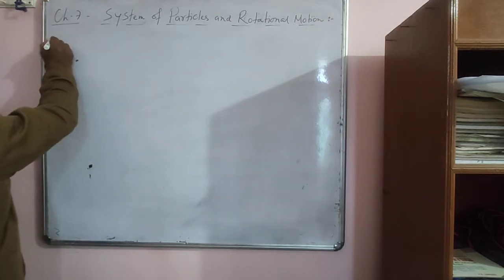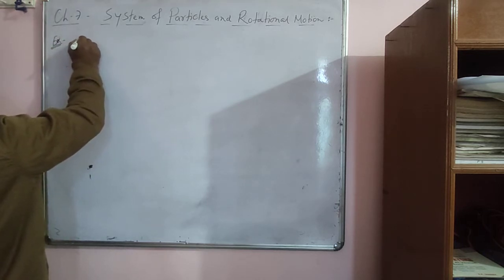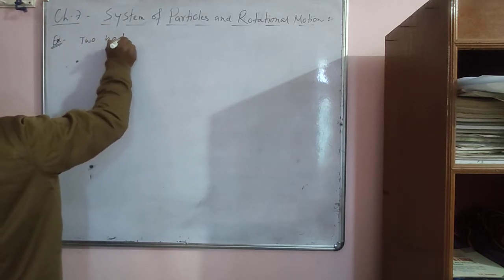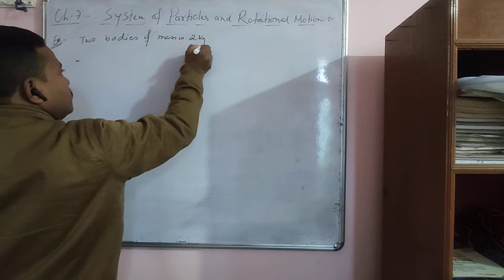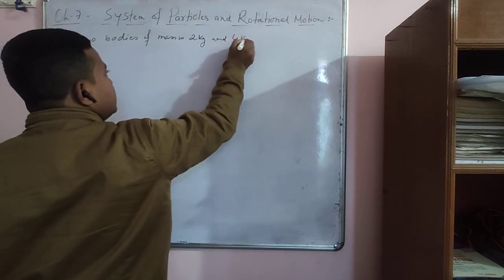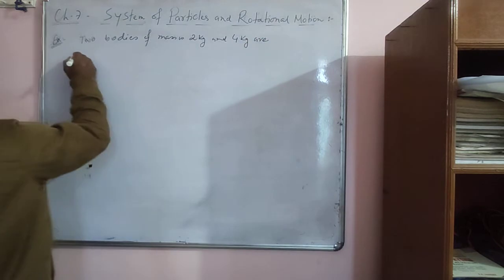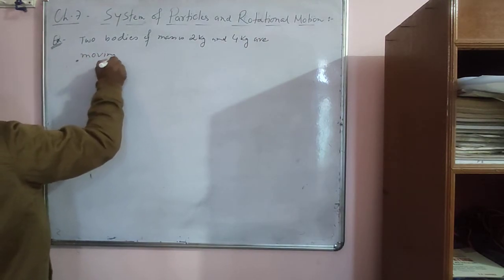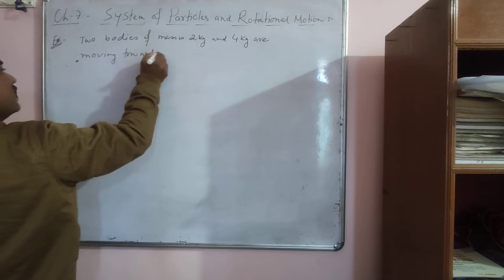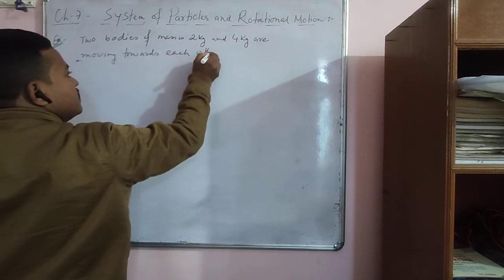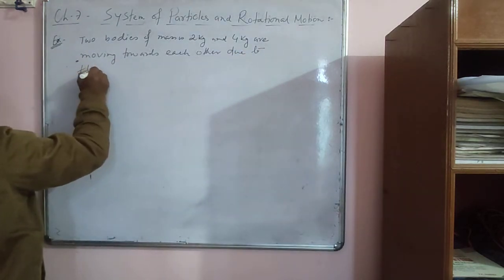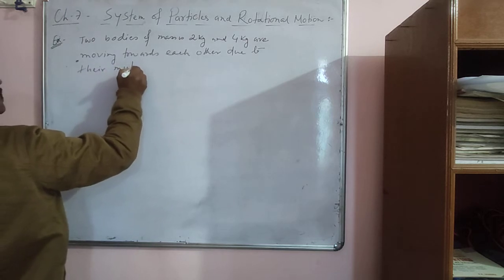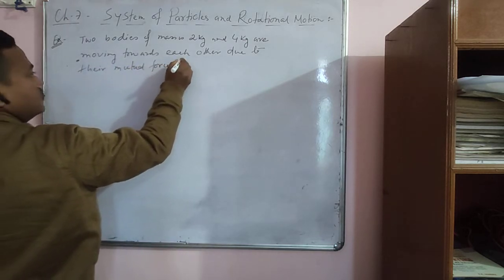So first question, that is, suppose two bodies of mass 2 kg and 4 kg are moving towards each other due to their mutual force of attraction.